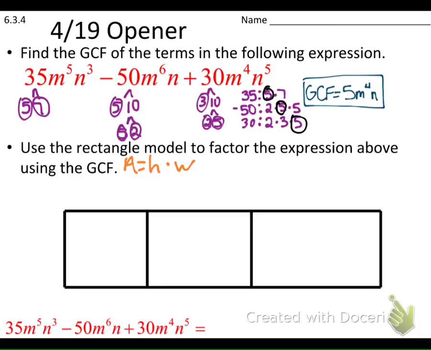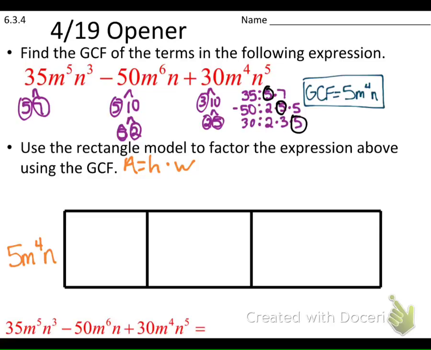What is our height going to be? 5 what? Very good. Don't forget all those variables. They're going to be very important for your answer. So our greatest common factor that we get from our areas is always going to be the height. Okay?